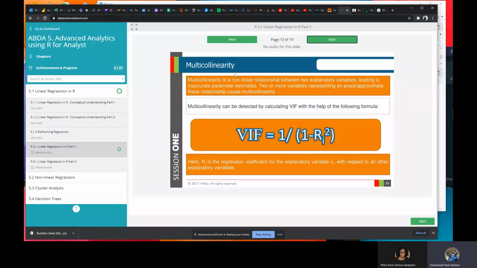Now we have what we call multicollinearity. What's this multicollinearity thing? You don't want to build a linear regression model with 2 independent variables that are strongly correlated with your y. Let's say you want to build a model for y, and you have 2 x's, say x1 and x2.